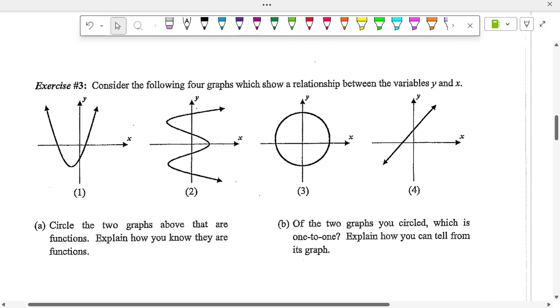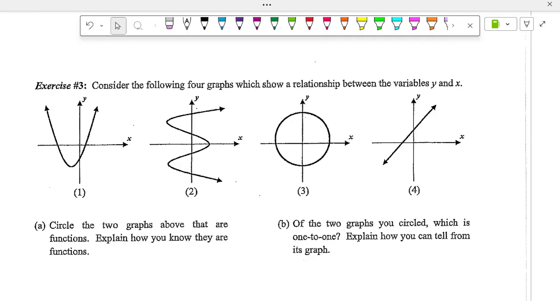All right. Now, next thing we're going to do is graphs. All right. So if we're looking at these graphs, here's my question. We know that vertical line tests for functions.